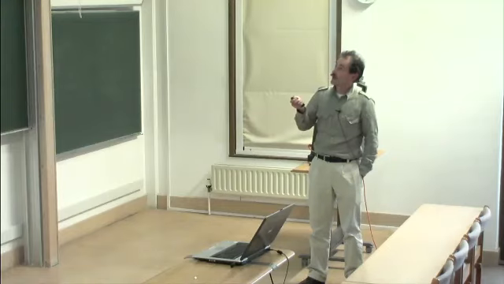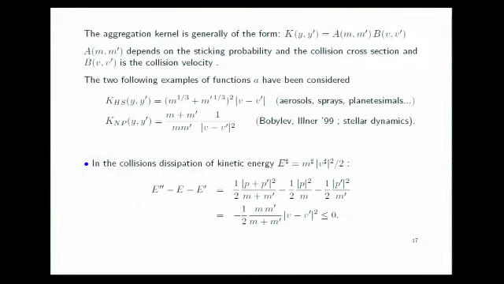The kernel K: in general you can find a lot of different kernels, but the structure is that one. You have a function dependent on m and m prime, where I included the sticky probability, so the probability that the two particles meet, and the collision cross-section, which depends on the geometry of the particle, and then b of v and v prime, which depends on the relative velocity of the particles.